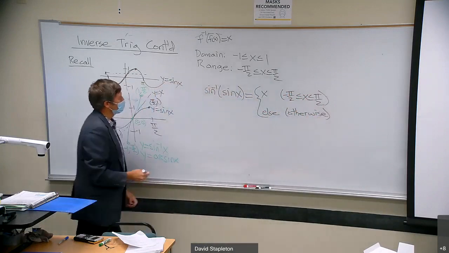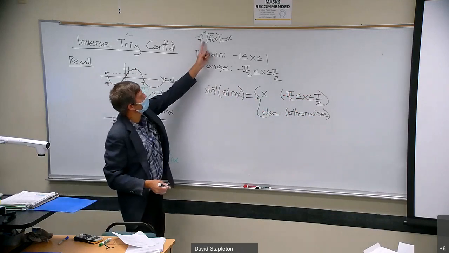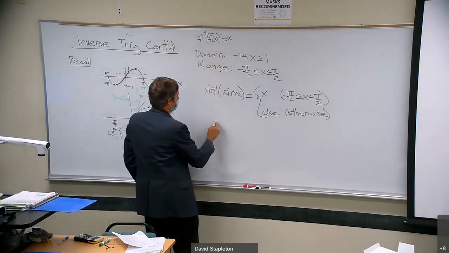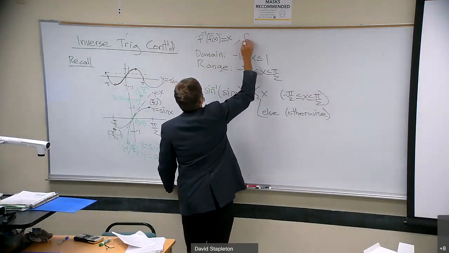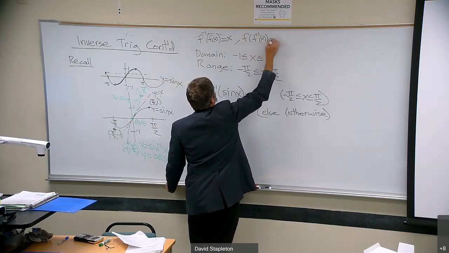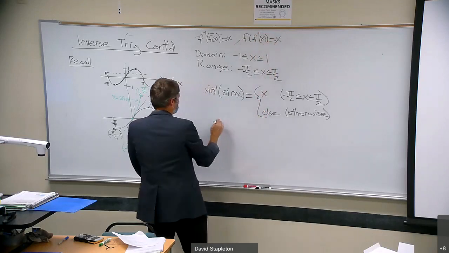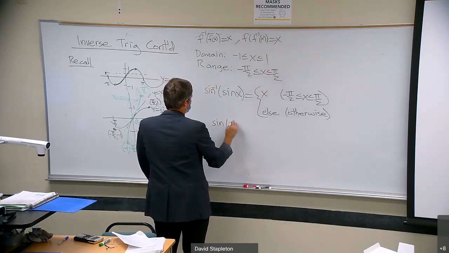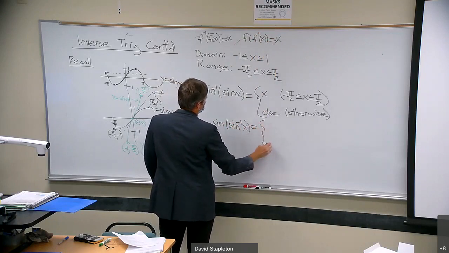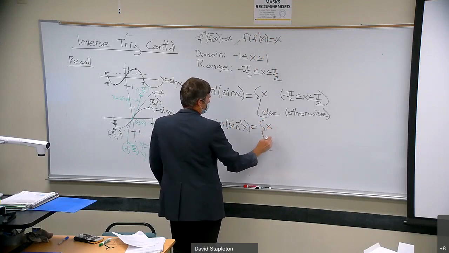Okay. So the inverse property works that f inverse of f of x is x, but only for the piece we use. And then the other order should also work, right? For inverse functions, it's also supposed to be the case that f of f inverse of x gives you x back. So we should have sine of inverse sine of x is equal to x always for all x in the domain. And in fact, we do.